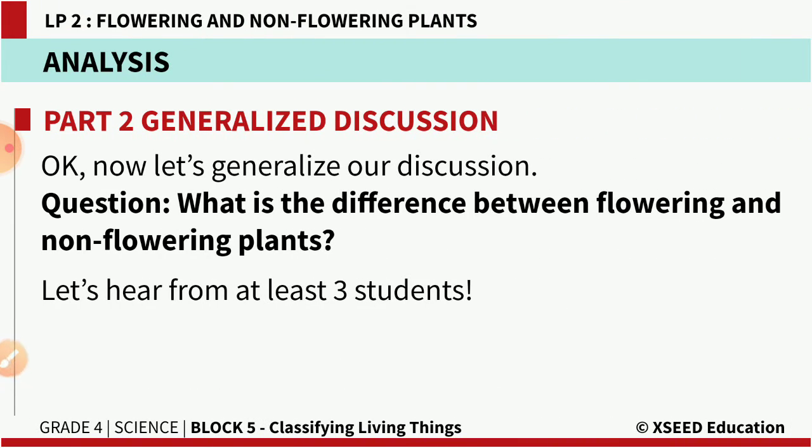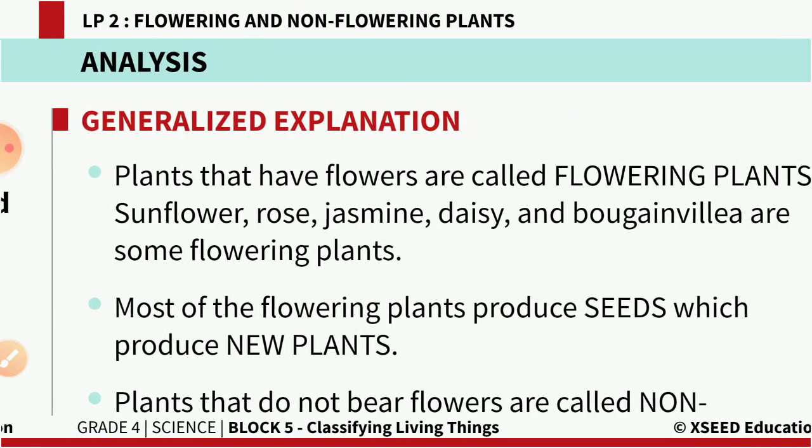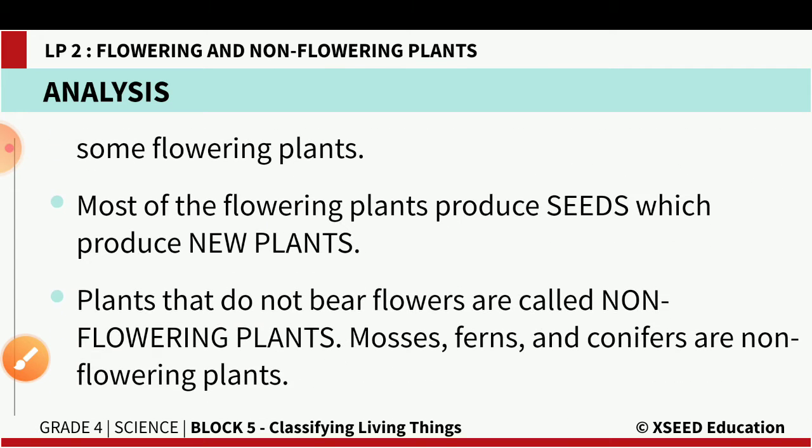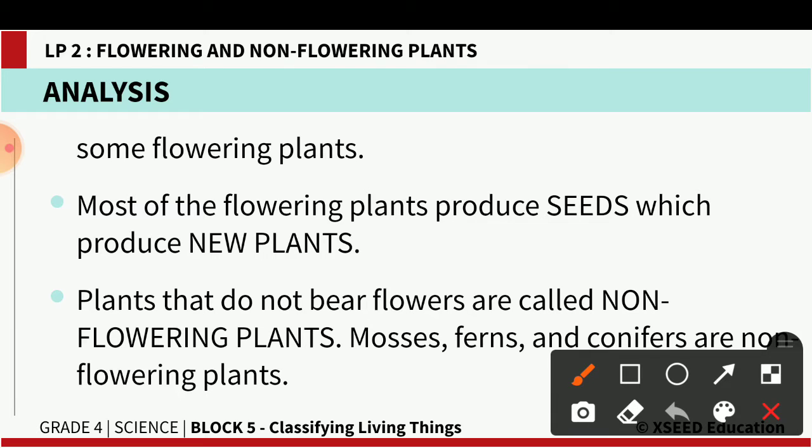Now let us see what is the difference between flowering and non-flowering plants. The main difference is that one has flowers and the other does not have any flowers. So flowering plants reproduce with the help of seeds, whereas non-flowering plants reproduce with the help of spores, or they reproduce with the help of cones.